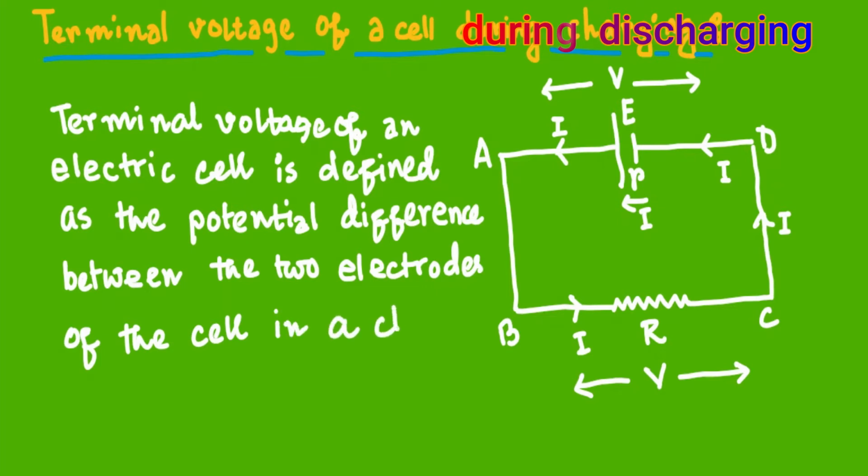In a closed circuit, we have to consider a closed circuit. The circuit is closed by connecting the external resistance capital R to the cell.